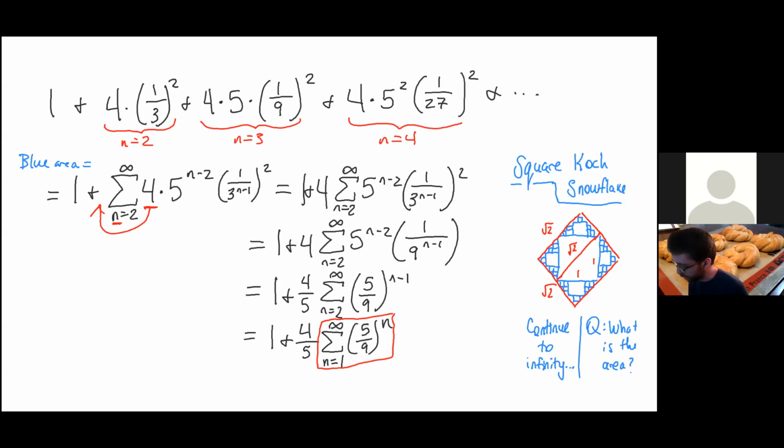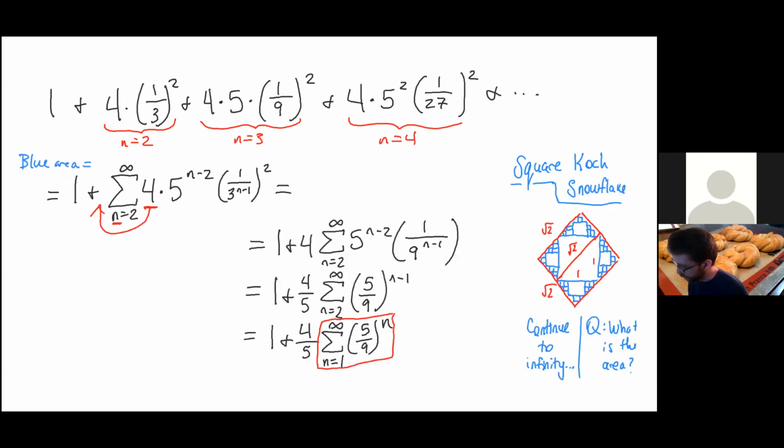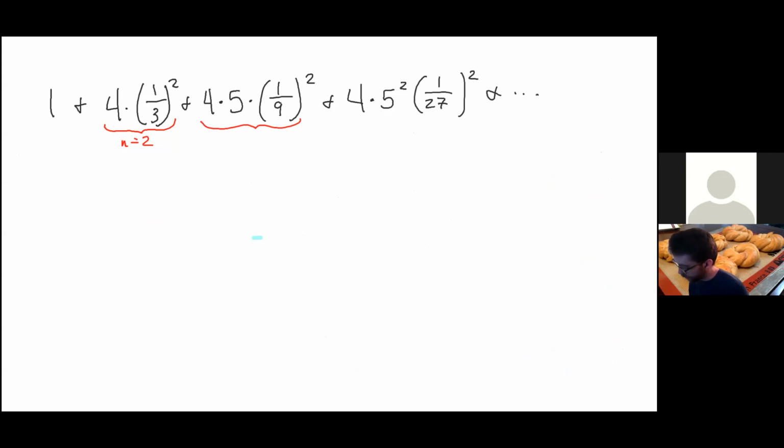I'm going to go ahead and erase some of my work just to clear up some space. So up here, I'm just going to copy what I had. It's 1 plus 4/5 of the sum, 5/9 to the n power, where n goes from 1 to infinity. Okay, last chance to look at it.